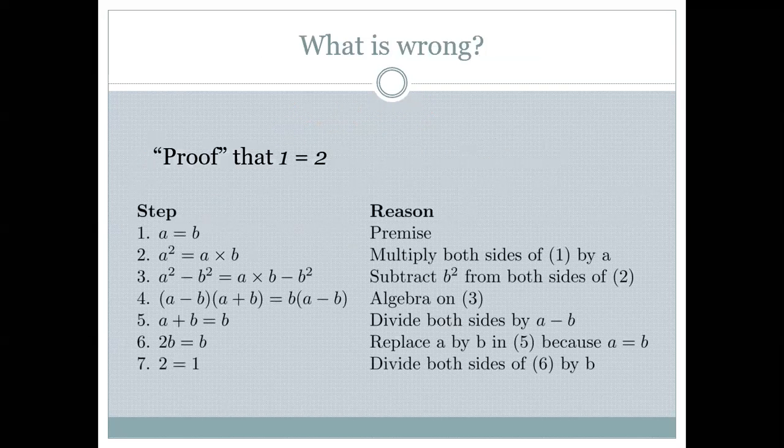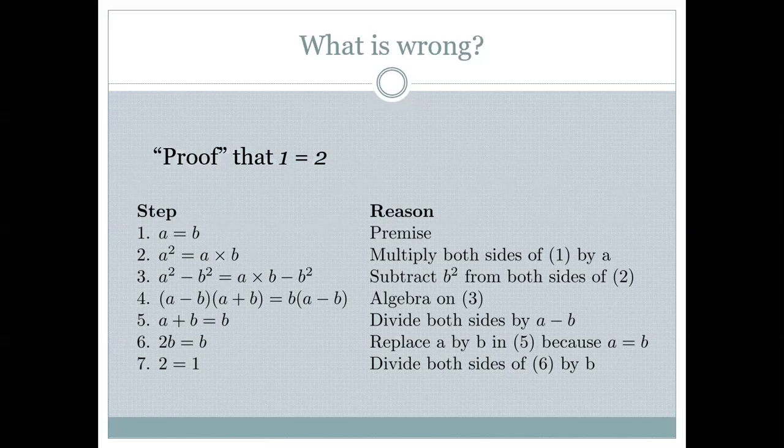Interesting. Okay, let's talk through this. Why is this proof wrong? This proof that 1 equals 2. And here I kind of tried to do it in a 10th grade sort of statement-reason format. A equals B is what I start with.